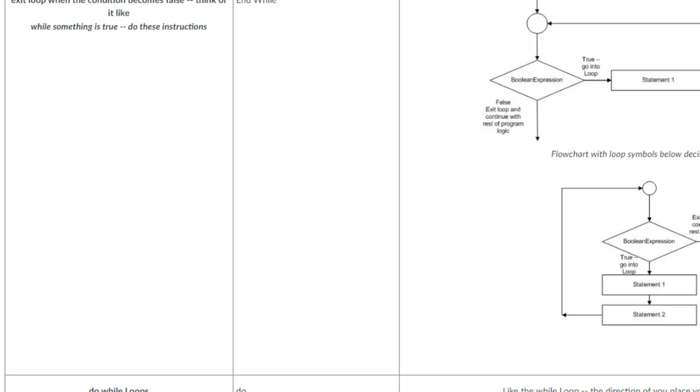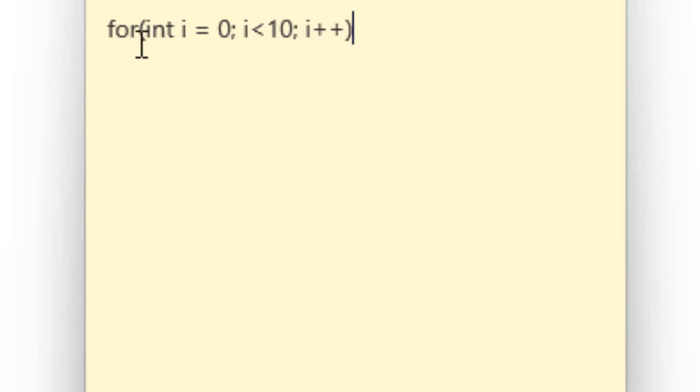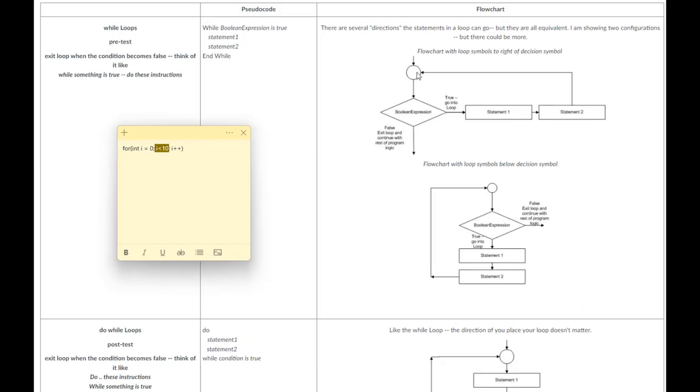Do you recall what test means? Here I have an example of the for loop that we've been using, and right here was our test, i less than 10. That's either true or false. So a test is something that's true or false. You can see this in the flow chart.